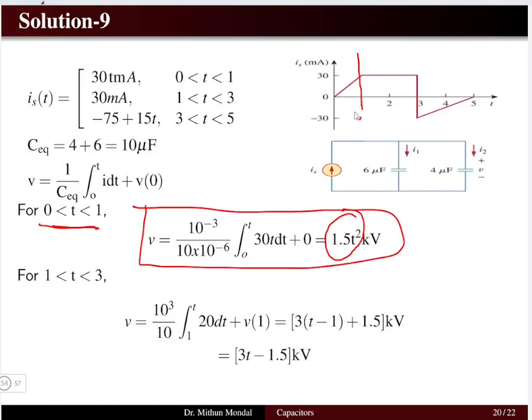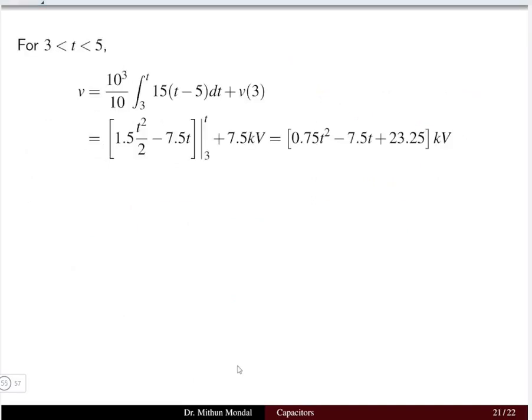So from 0 to 1 we are getting this voltage. Now from 1 to 3, we put the value of the voltage V1 here, which is the voltage we are getting from the previous time. Now we are getting a new voltage from 1 to 3. So from 1 to 3 we are getting a voltage of 3t minus 1.5 kilovolt.